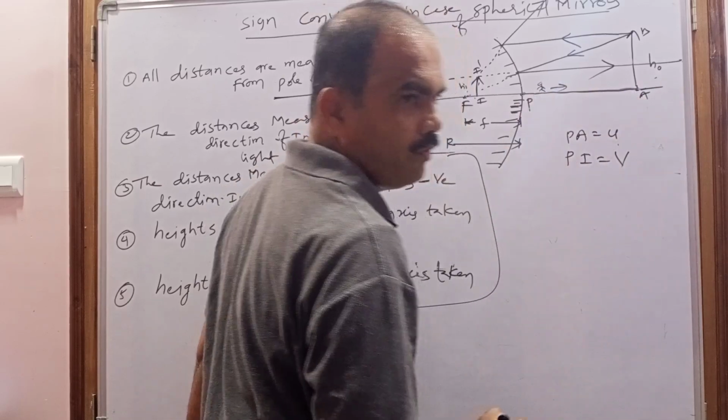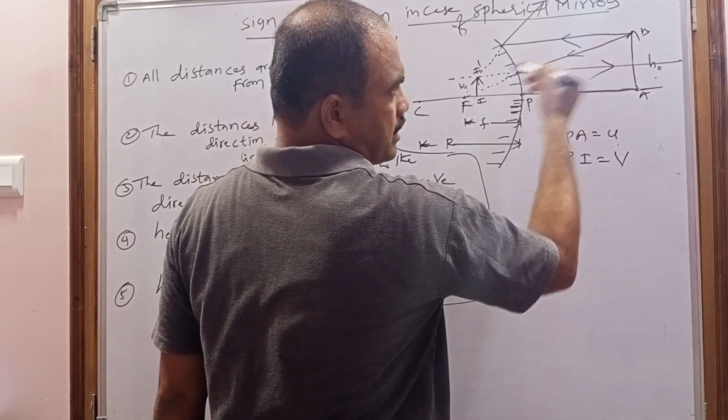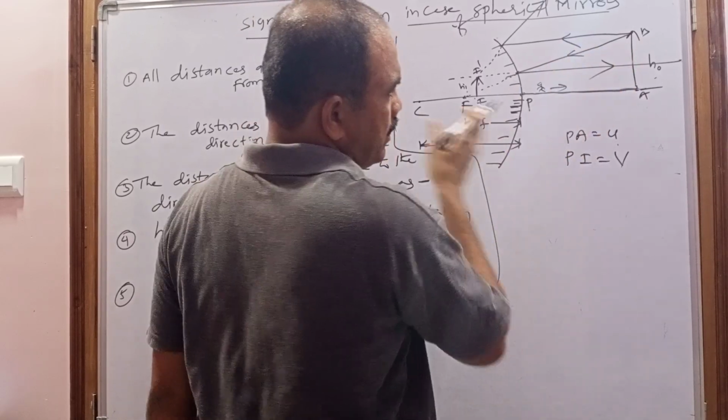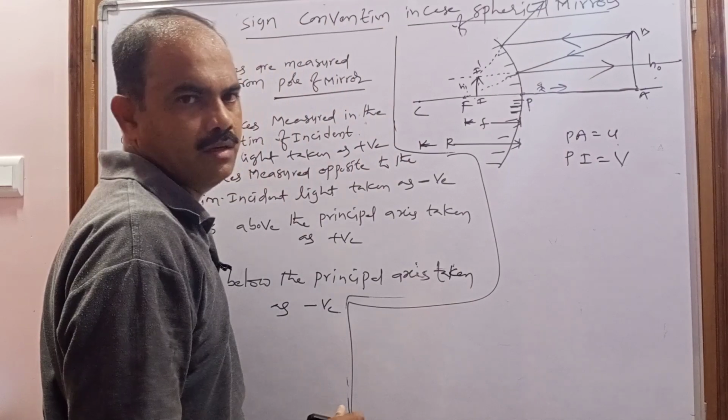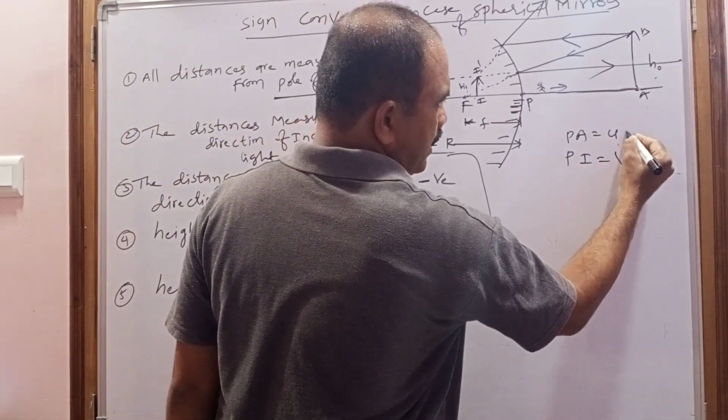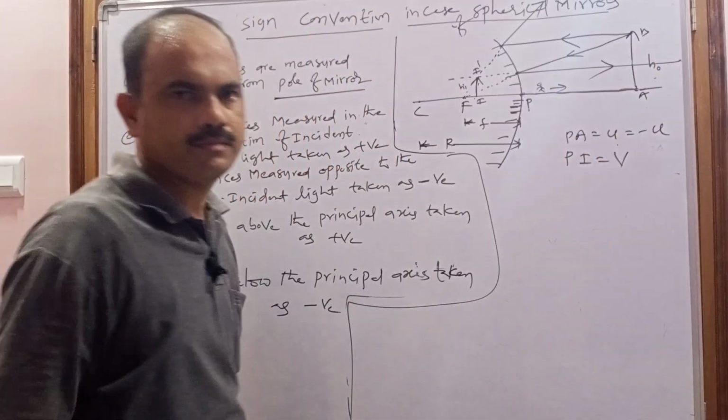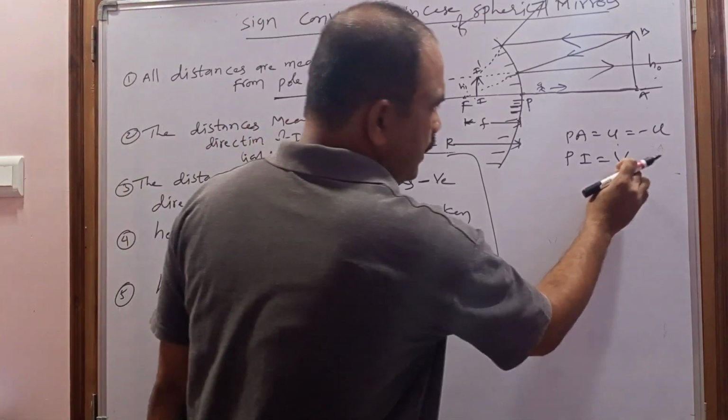This is the direction of the incident ray, so you are moving opposite to the incident ray. That is why u is taken as minus u.